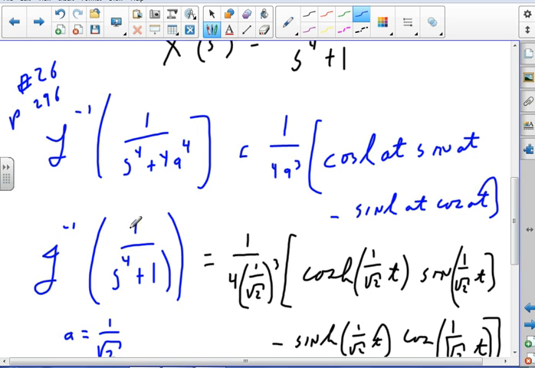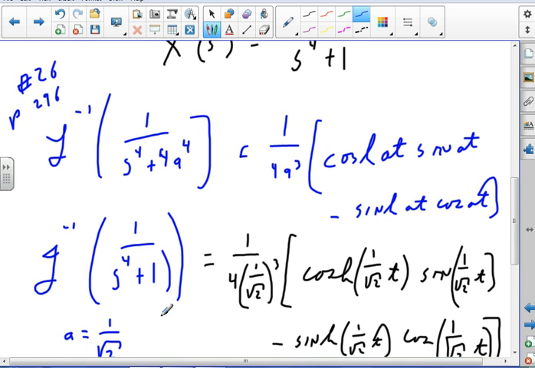Yes, I have 1 over square root of 2 to the 4th, which equals 1, so 4a to the 4th has to be 1. In order to make it a 1, a has to be 1 over the square root of 2. I think that's the first time I've done that problem. I know that's the first time I've done that problem.